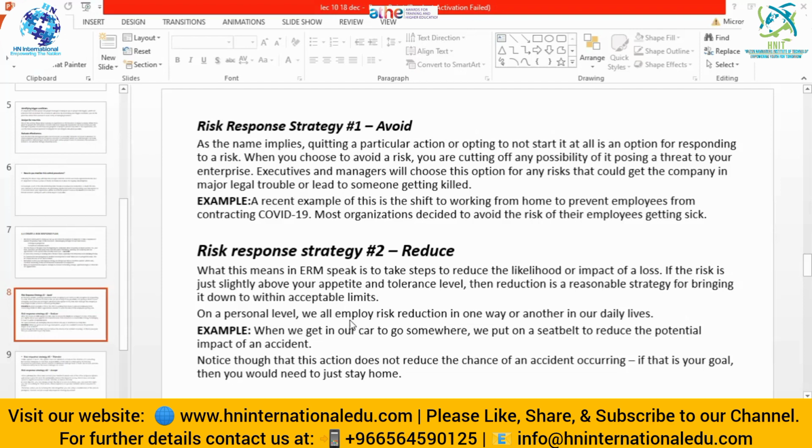Now, on a personal level, we all employ risk reduction in one way or another in our daily lives. What kind of risk can we reduce in our daily life? We know that if we have two options, either we do the work by our own choice, or we do the work by the choice of our elders.